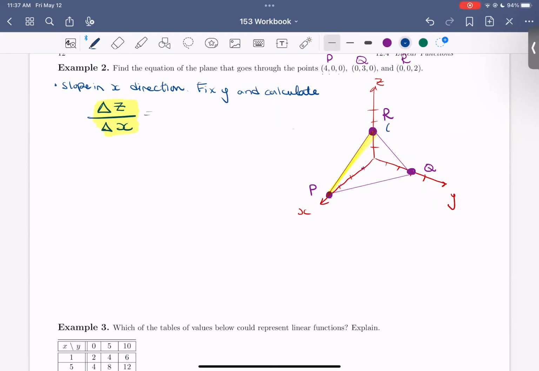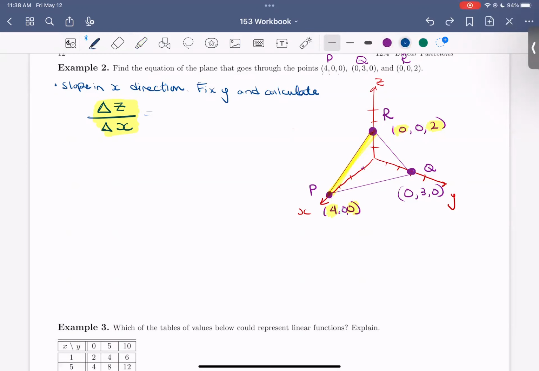I'm going to write down the coordinates of these points so we can compare them. This point, recall, was (4, 0, 0). This point was (0, 0, 2). And this point was (0, 3, 0). If we're looking at that yellow line that I highlighted, we want to consider the change of the z coordinates compared to the change of the x coordinates. So y is not involved here at all, and notice y is 0 for each. Let's compute those differences.